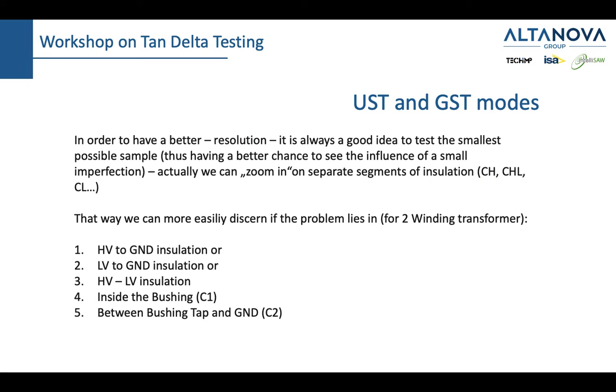So when we talk about resolution, as we said before, it is always a good idea to test the smallest possible sample, thus having a better chance to see the influence of a small imperfection.